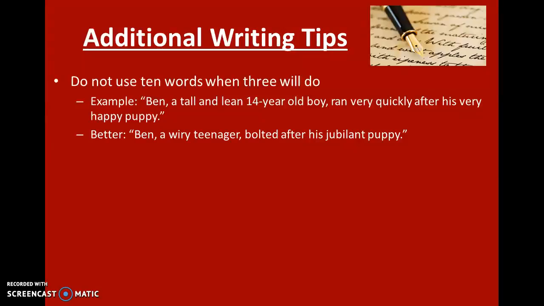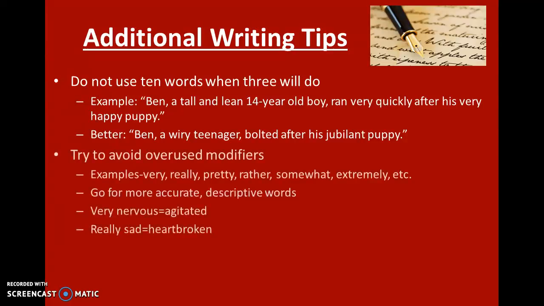Now, a better way to say this would be, Ben, a wiry teenager, bolted after his jubilant puppy. And you can see that wiry and teenager replace 6 words. Bolted replaces ran very quickly, and jubilant puppy replaces very happy puppy. Those just take up more space than you really need to. So if you can cut down and use fewer words to get the same emotion and the same idea, you should try to always do that.